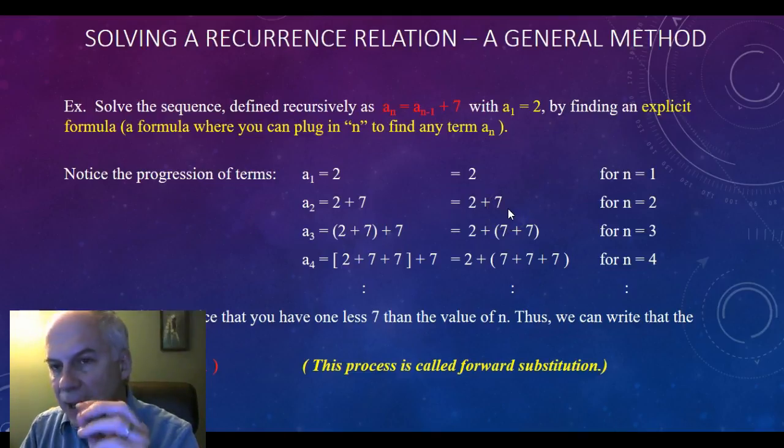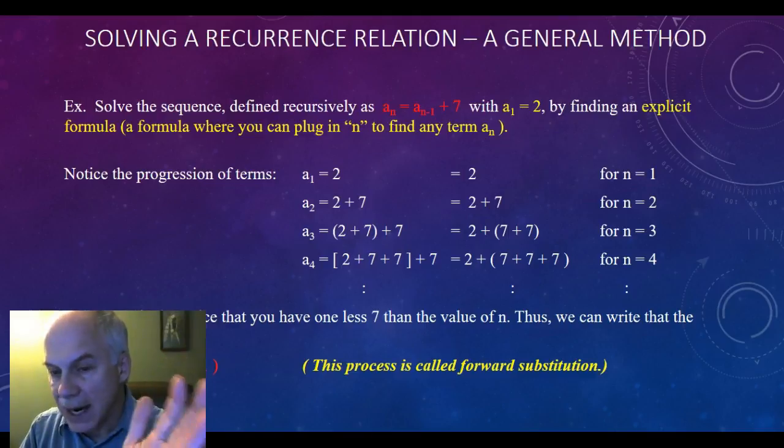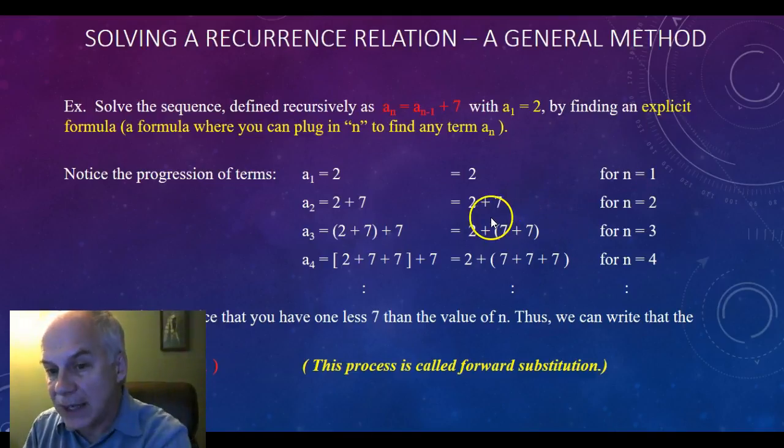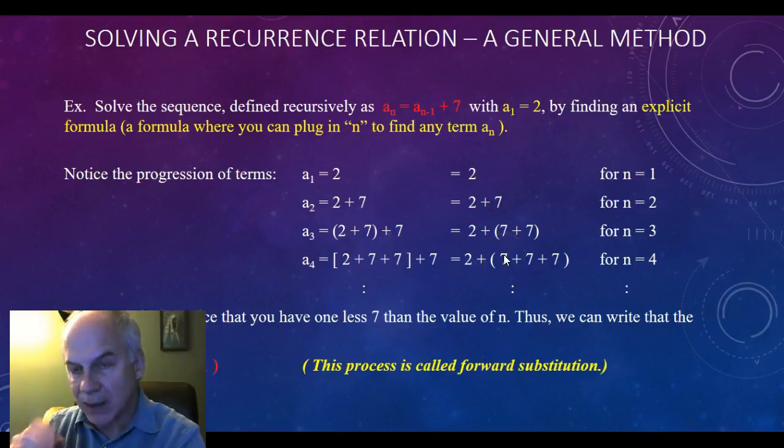Now, don't add them together. Don't get 2 plus 7 or 9. Don't write 9, because what you want to find is a pattern for these terms. How did we find the terms? If you combine everything, you can't tell how you found those terms.